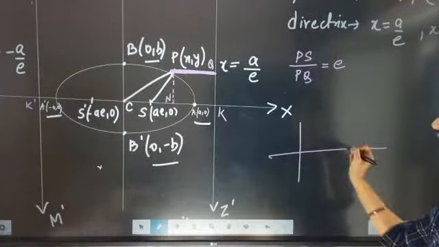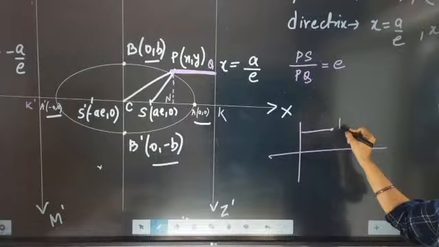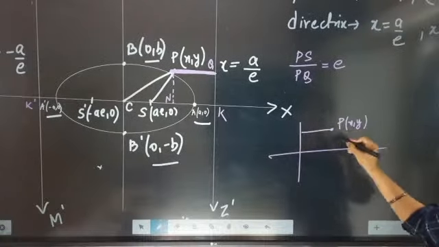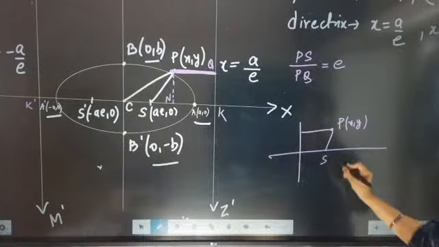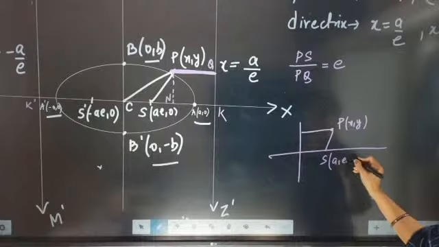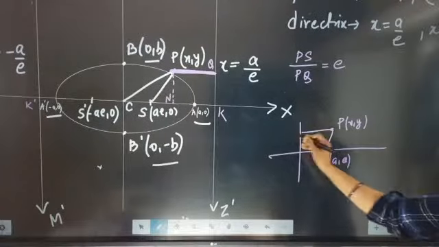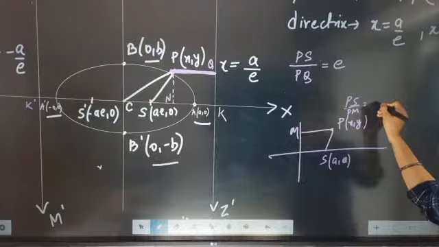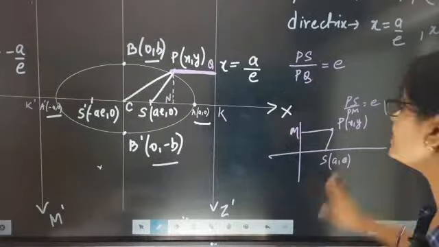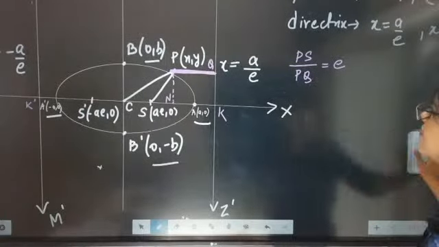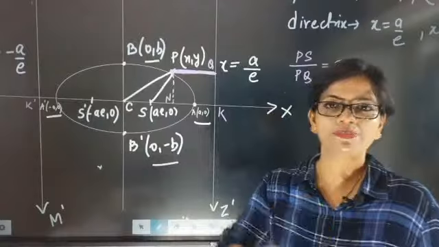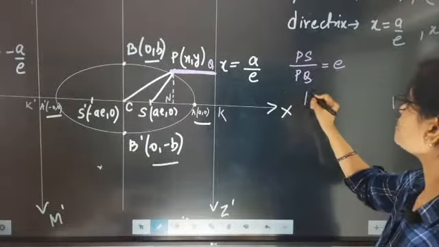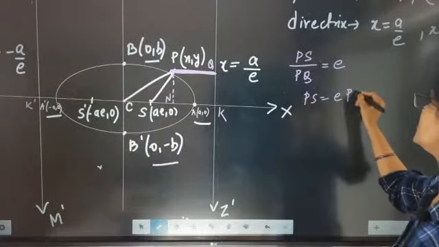This is your directrix and this is the arbitrary point P, X, Y, and this is S. So PS by PM equal to eccentricity. We have written the same thing here: PS by PQ equal to E. So now PS will be equal to E times PQ.